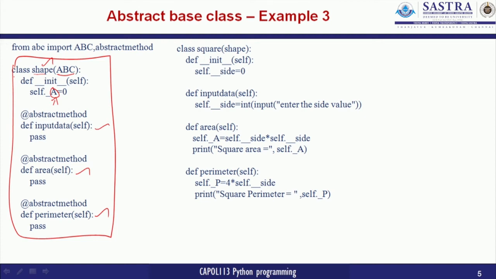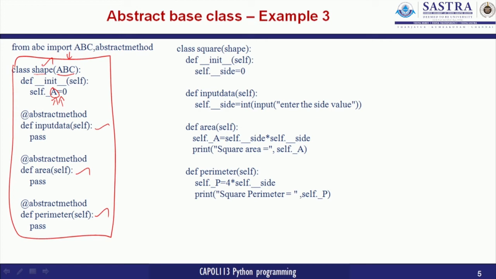Whenever we consider one shape, I need to calculate the area as well as perimeter, so that is the outline design within the Shape class. I include one data member called area, because for all shapes we have that area calculation.